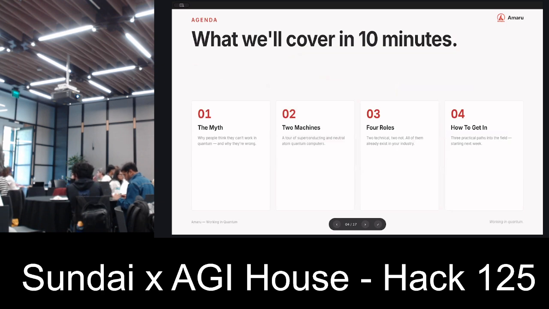I'm going to talk about two machines, or two technologies, that you see, I would argue, a little bit more frequently here in the Boston area, and also in the headlines. By no means are these the only two technologies in quantum computing, but just two so you can get a sense of what's out there.